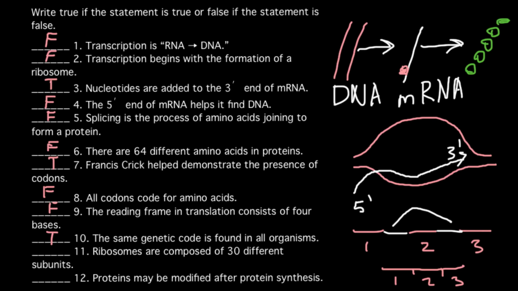And statement number 11, ribosomes are composed of 30 different subunits. This is a false statement because ribosomes consist of about 30 different proteins and also about 30 different small RNAs. So altogether this is about 60 different subunits.